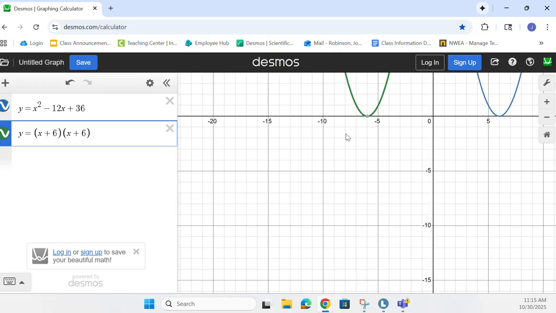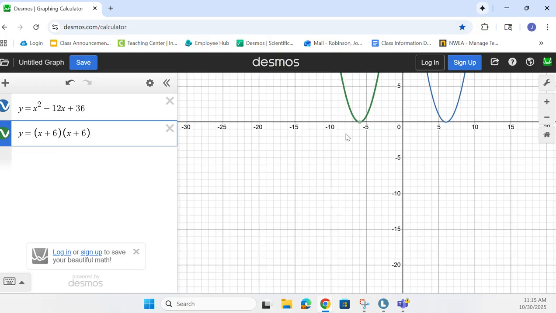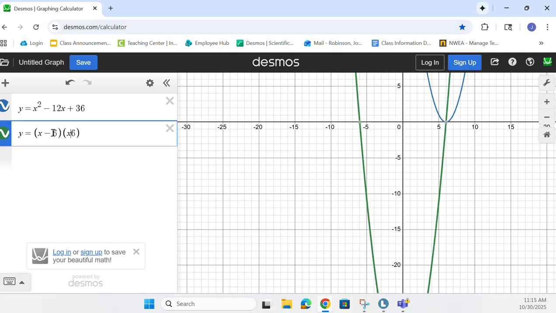That's not the same line. Now that's not correct. What about x minus 6 and x minus 6? Is that better? Yes, that's better.